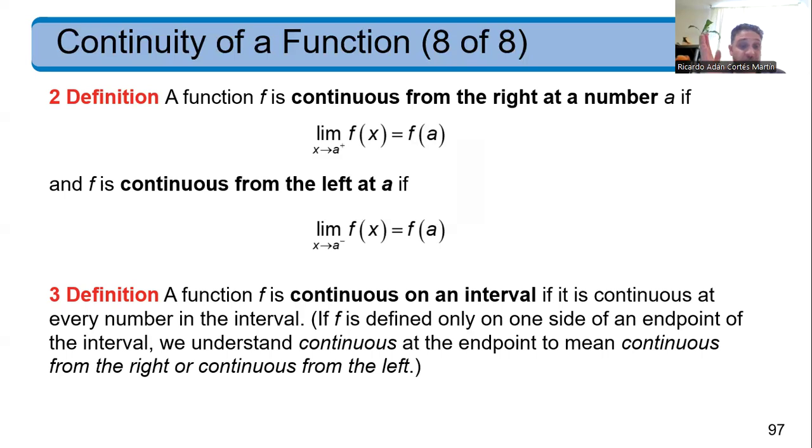But if the limit from the left exists and its value is defined, and they are the same, then it is continuous from the left, and the same from the right side. So maybe there's a discontinuity, but if we only take the right side or the left side of the function at that point, then we have continuity from the left or continuity from the right.